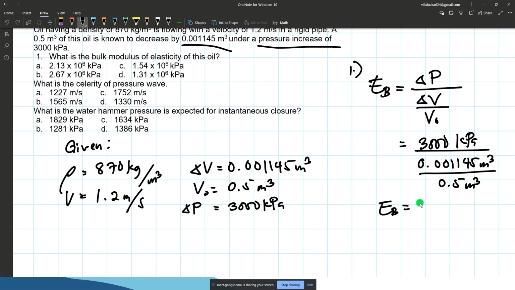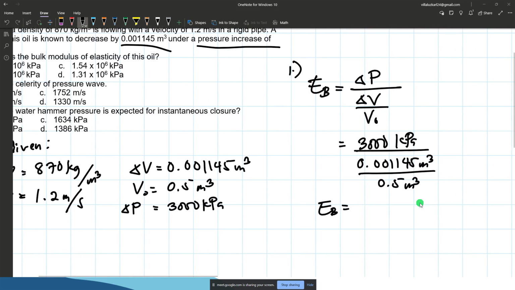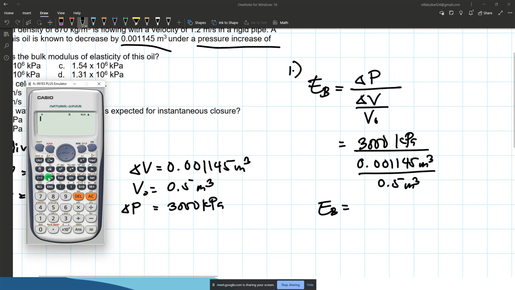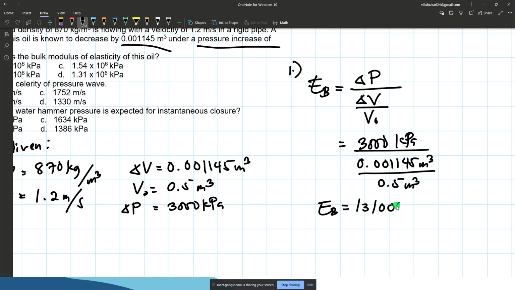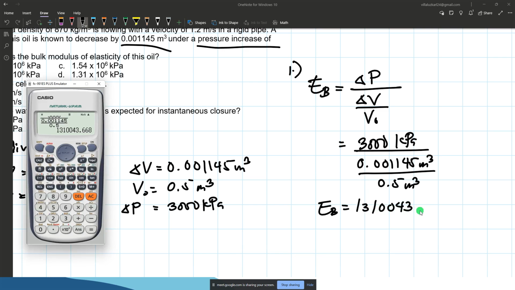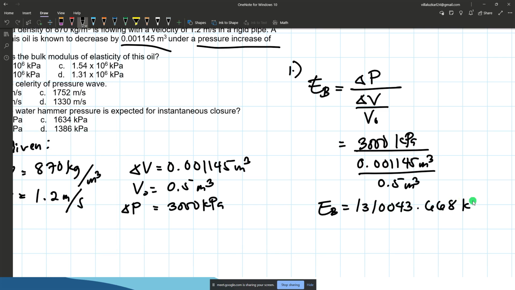The bulk modulus of elasticity is equal to 3000 over 0.001145 over 0.5. 1,310,043.1668 kilopascal.